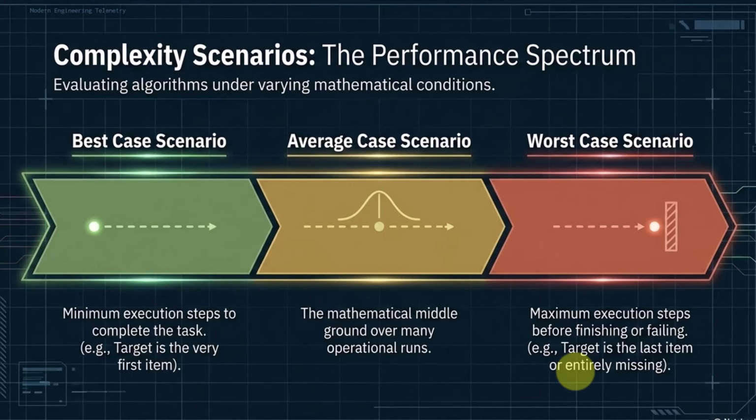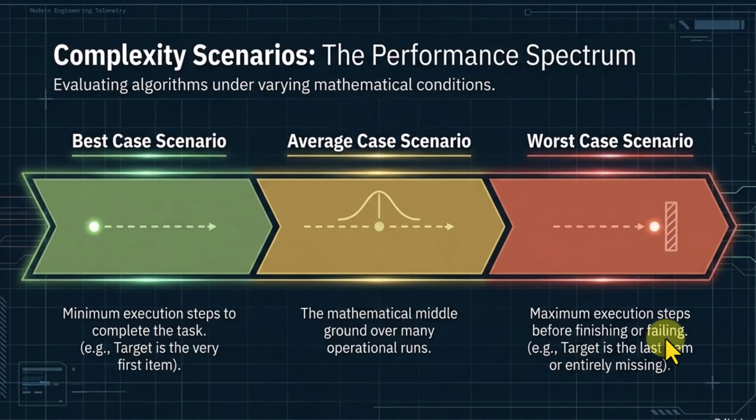In the worst case scenario, the data you're looking for is not present, or it is at the last index, so you have to search through the complete array. Best case is the minimum execution steps to complete the task, and worst case is the maximum execution steps before finishing or failing.